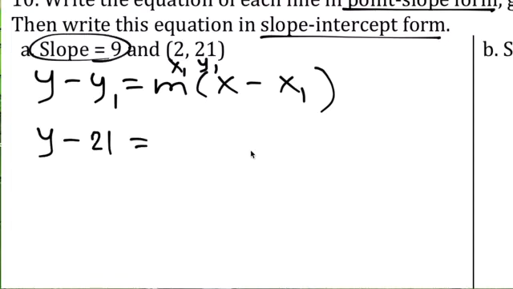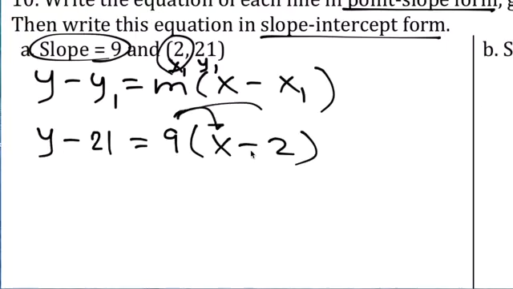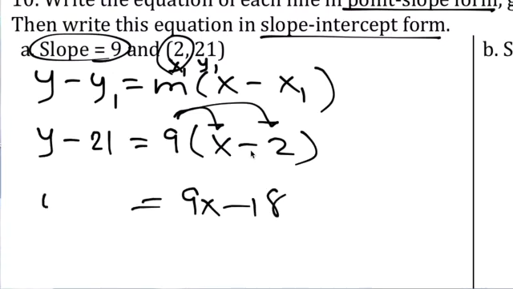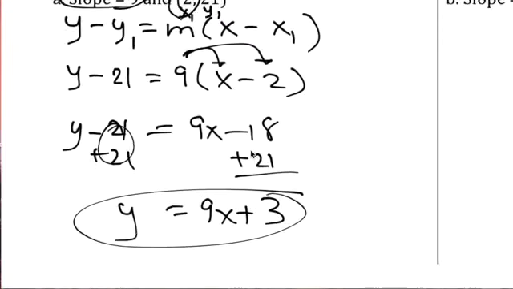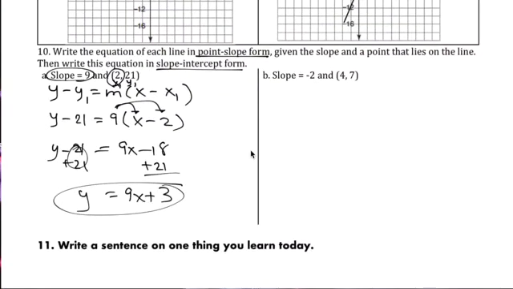They gave a slope already of 9, x minus 2. 9x minus 18. That gets you 3 there. 9x plus positive 3. Y-intercept of 0, 3 there.